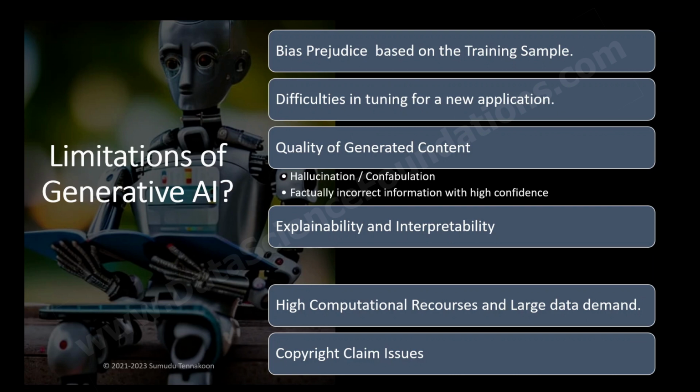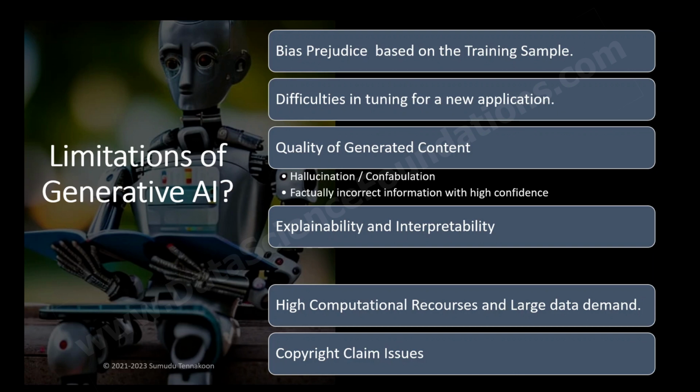There are ways we can overcome the hallucination problem in generative AI by using better prompt design and following some training with care. We can do that, but it's still a problem with generative AI models. And like I said earlier, it can provide factually incorrect information with high confidence.